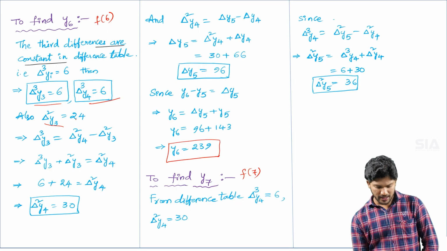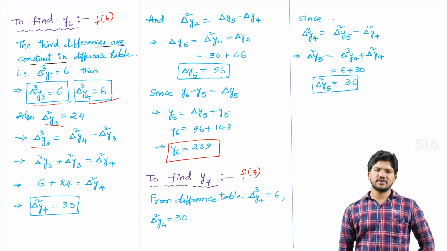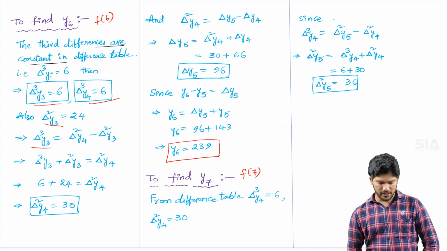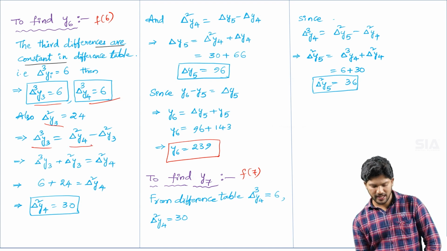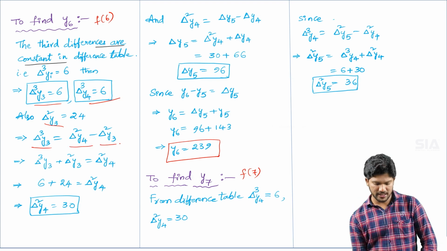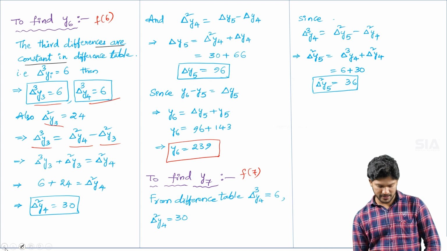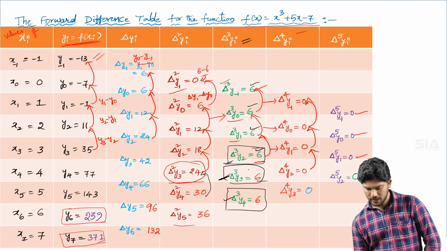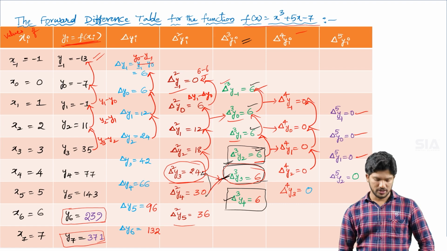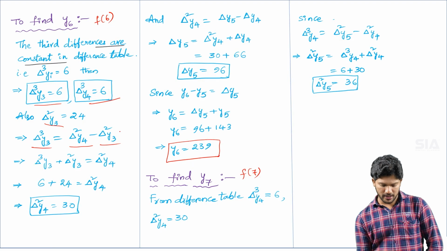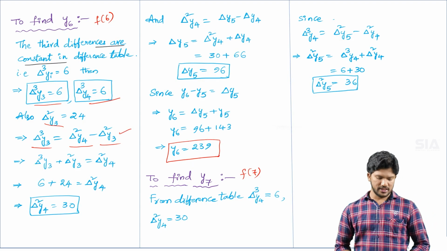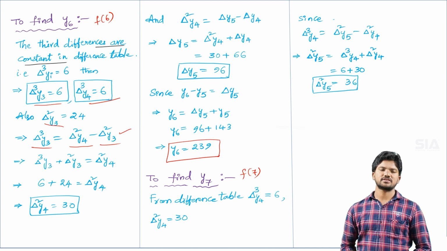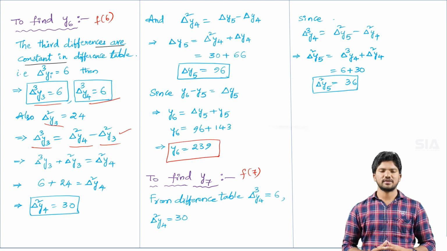Next, delta cube y suffix 3 we can write as delta square y suffix 4 minus delta square y suffix 3. You can see here, this delta cube y suffix 3 value is the subtraction of these two values. So delta cube y suffix 3 is equal to delta square y suffix 4 minus delta square y suffix 3.